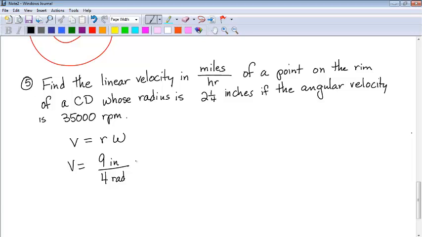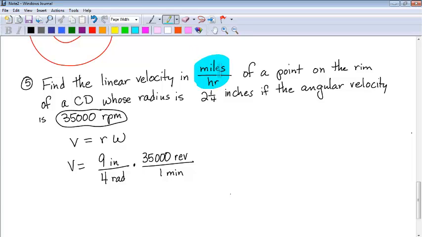That would also work. They gave us the angular velocity, 35,000 R, that R is revolutions per minute. The problem is I want it in miles per hour. Now you have to go through and convert all those units.